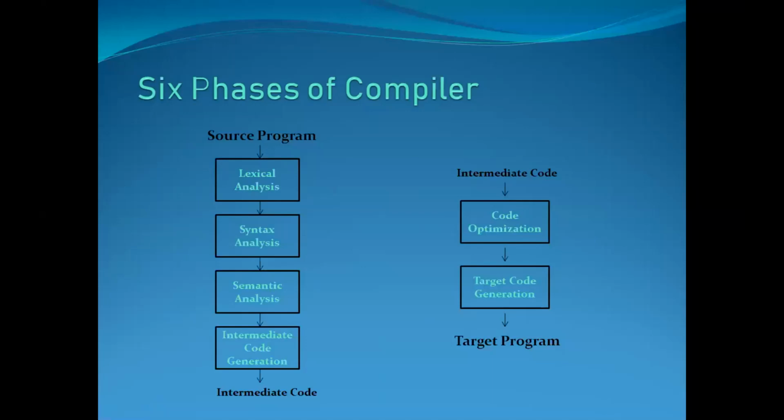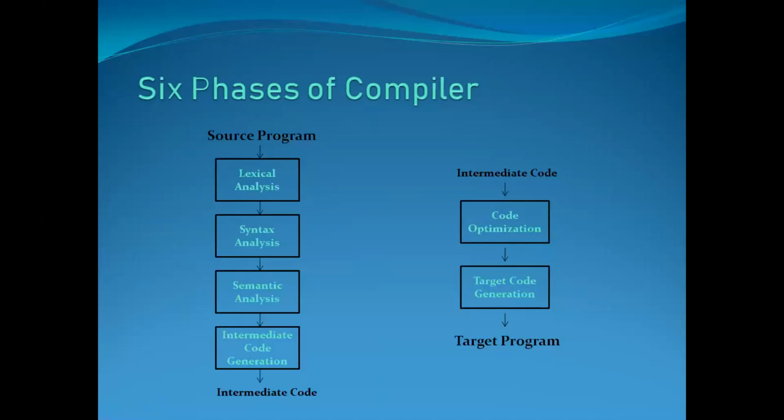What the lexical analyzer does is it sees the stream of characters and identifies tokens. What is the meaning of tokens and other details behind lexical analysis, we will see in detail in the next lecture.